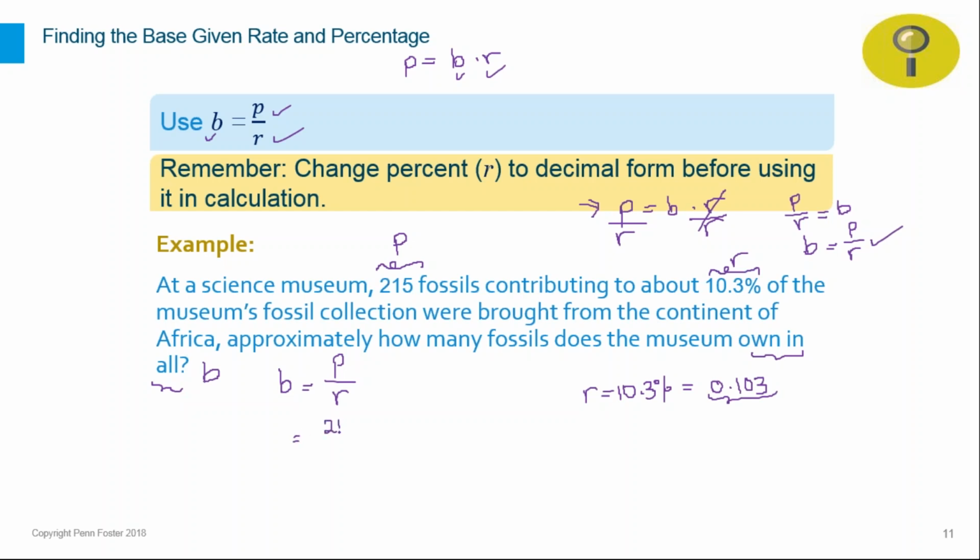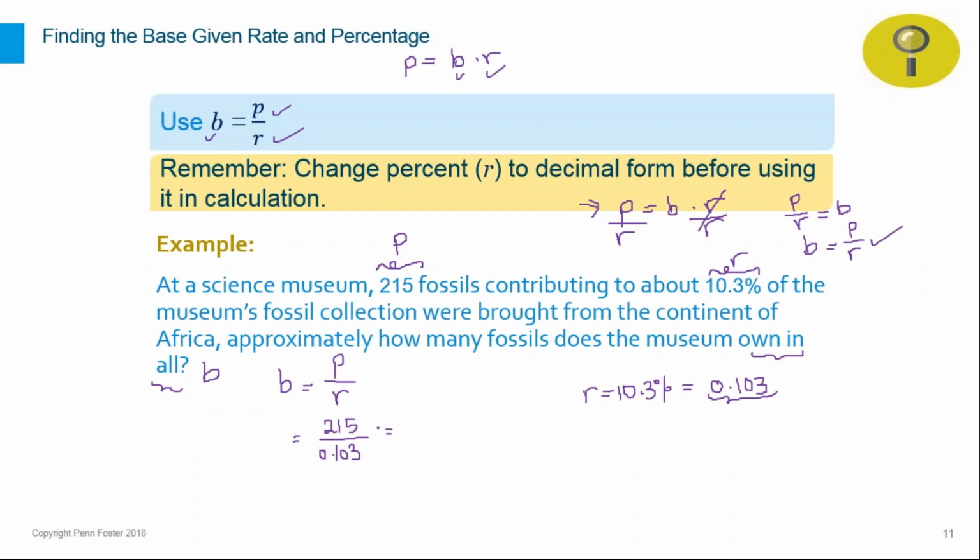Simply divide. P is 215. This is how many fossils they brought from Africa, over the rate, over the percent, 0.103. That will give you the total number of fossils that this museum owns. So you're going to divide 215 over the decimal number. You can use your calculator.